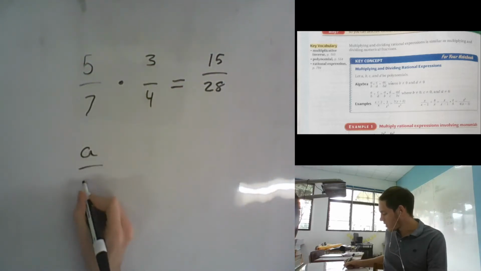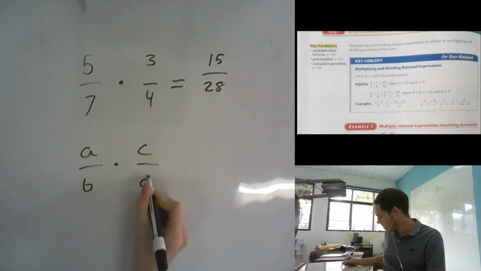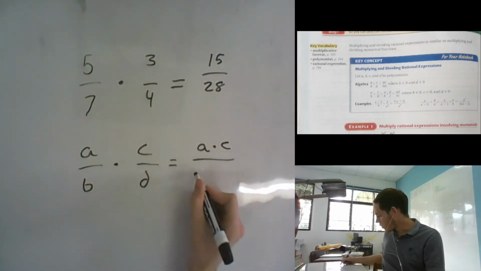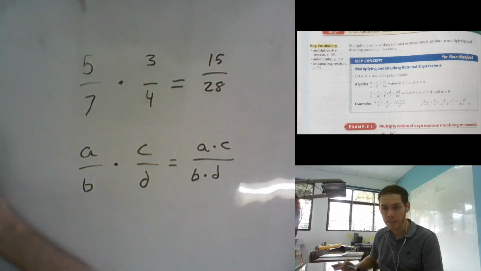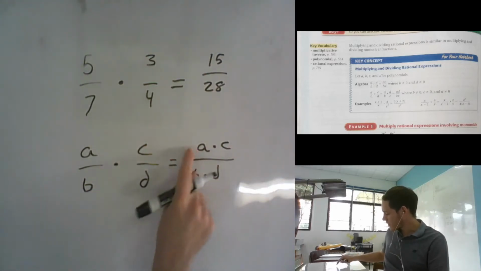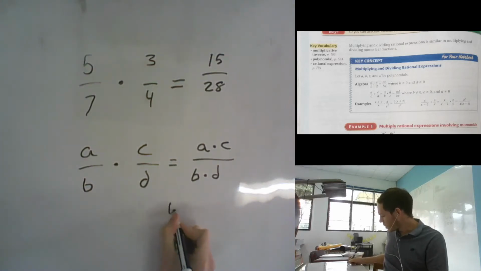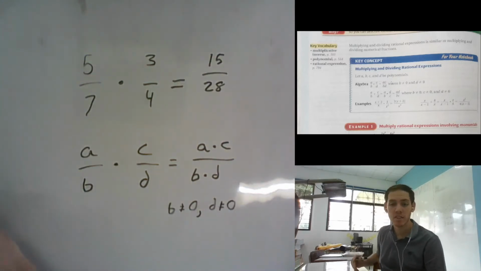If A over B times C over D, this is just A times C over B times D. You multiply the top, it stays on top, and you multiply the bottom, that goes on the bottom. Now, we do need to know that B cannot equal 0 or D cannot equal 0. So our denominator cannot be 0.